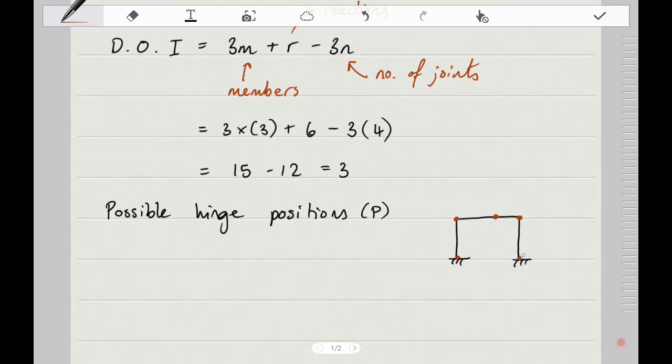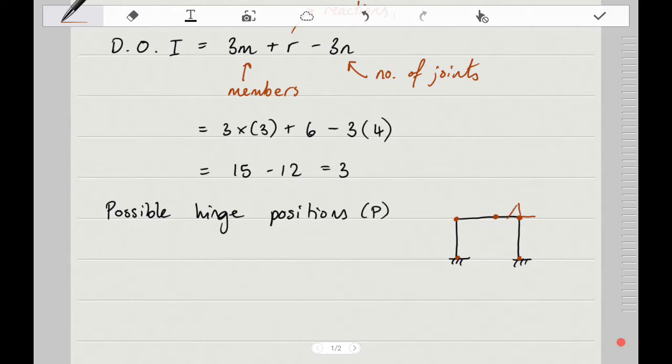Why? Because the bases are fixed supports, so they will generate a moment. If you were to do a bending moment diagram, you would have some value at your fixed support, accounting for the moments within the system. And you would have them at joints, because bending moments transfer across joints.